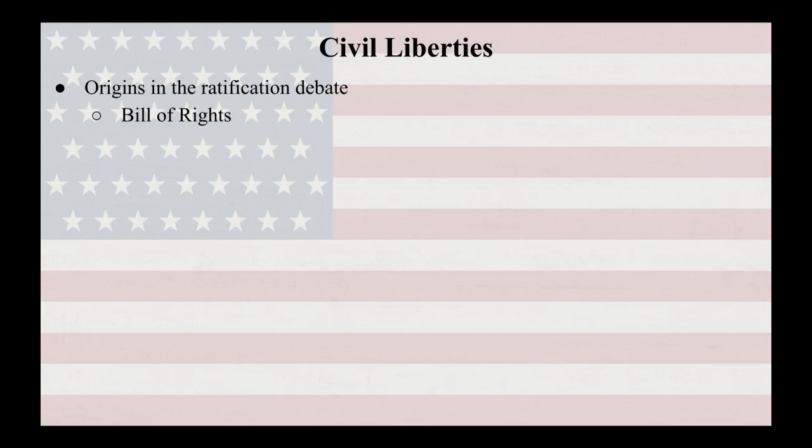Now, applying these civil liberties has been different over time. We live in a federalist system where we have different layers of government, the state government and the federal government, so we have to figure out how these are applied. And so we look at the application to the states. Okay? Is this Bill of Rights applicable to the states?